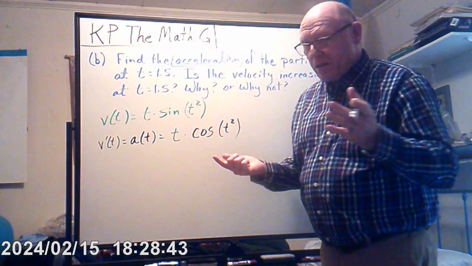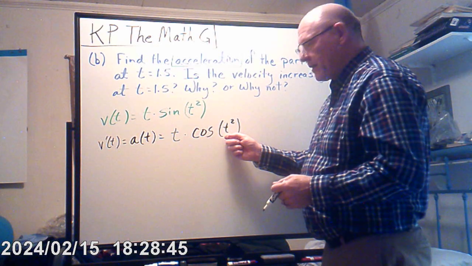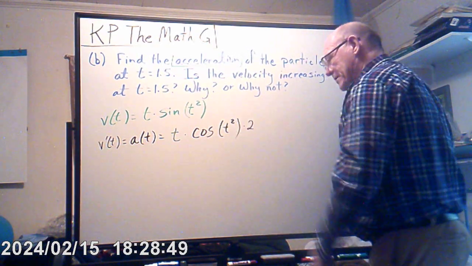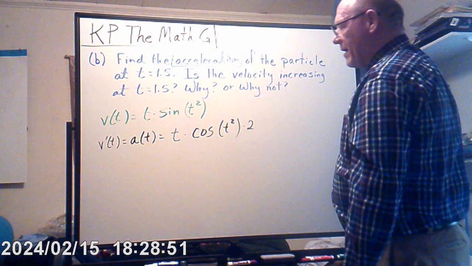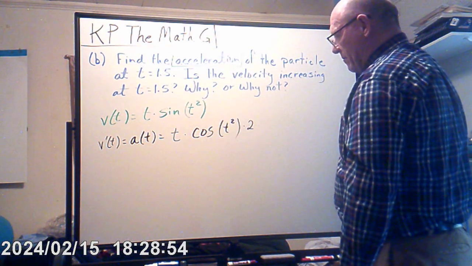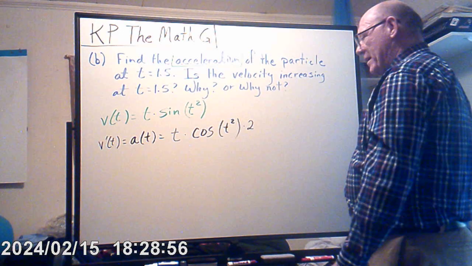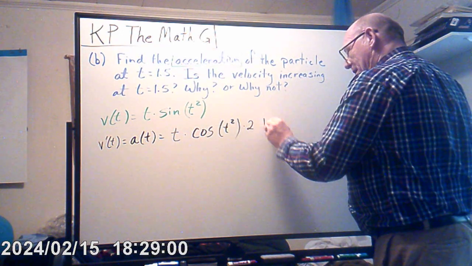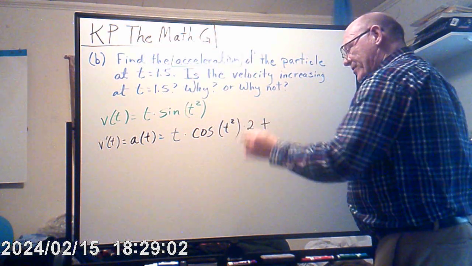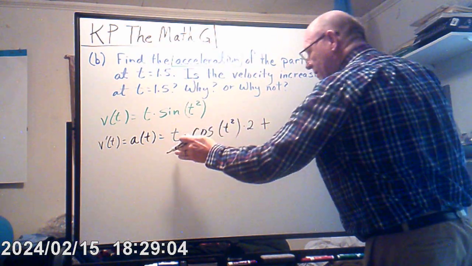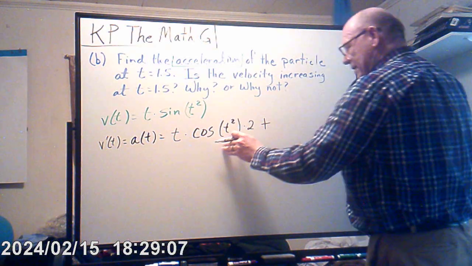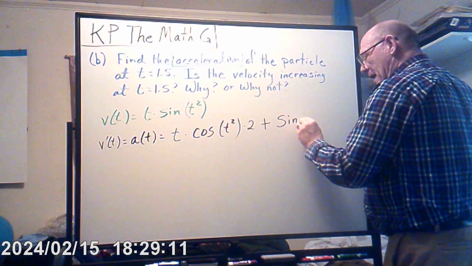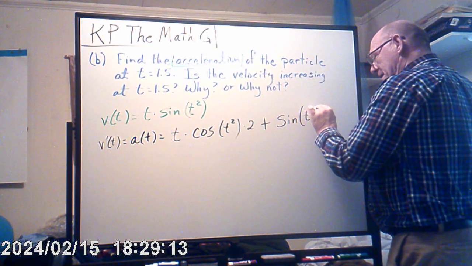No, that's not all we do, because we have a chain rule here. Times 2. Alright, there it is. Now remember, we have plus the derivative of the first times the second, which is sine t squared.